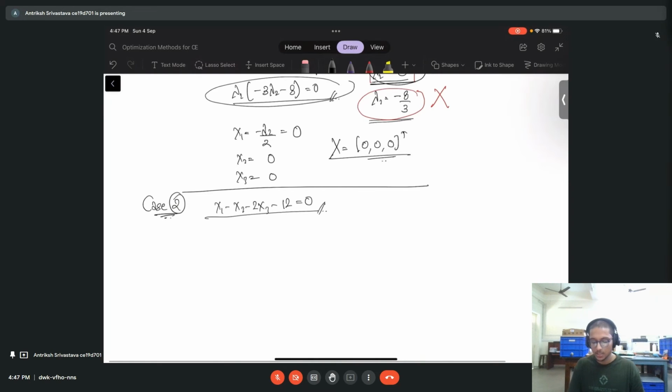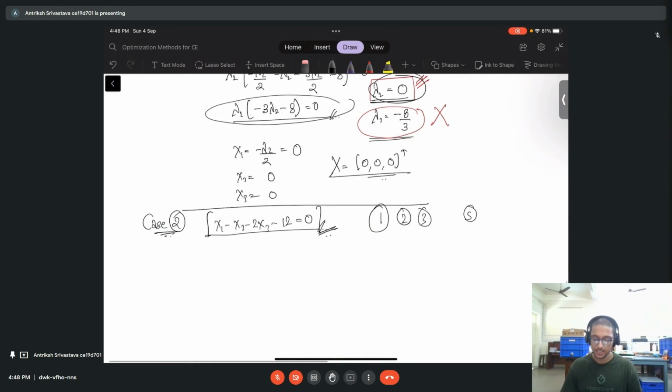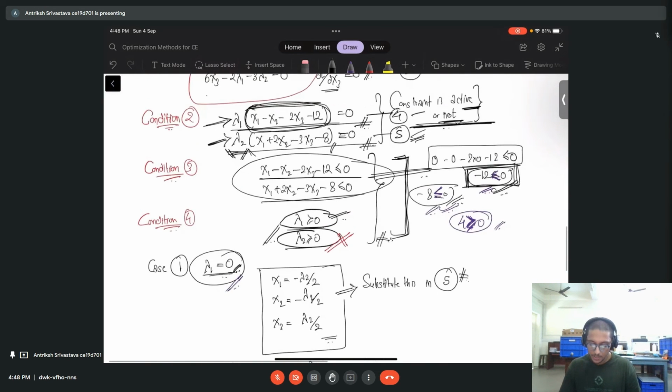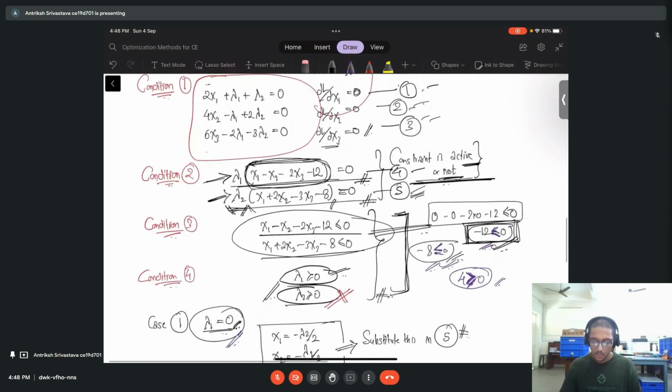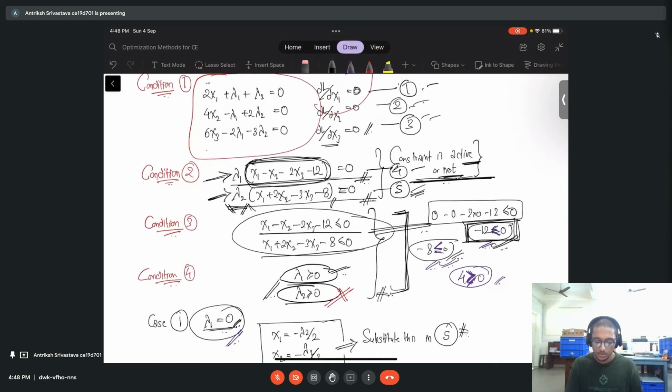So this is our second condition. We will use this and equations 1, 2, 3 and 5 to see whether from this case we can get some value of x1, x2, x3 that satisfies all the inequalities. So when this is equal to 0, let's write the value of x1, x2, x3 in terms of lambdas.